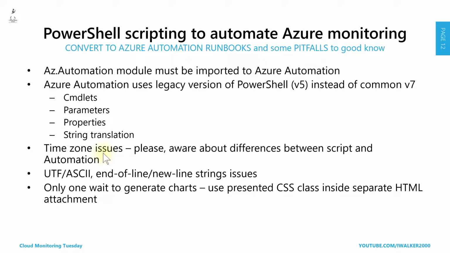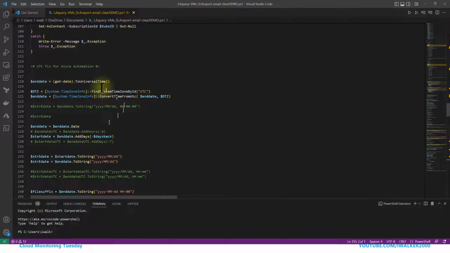If you're planning to have the reports, for example, in the UAE zone, you need to convert it to the UAE zone, because by default it's universal time, right? So like you see, for example, I take the date time by universal time.